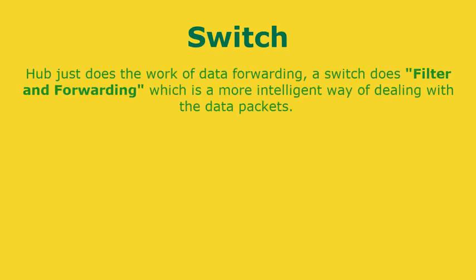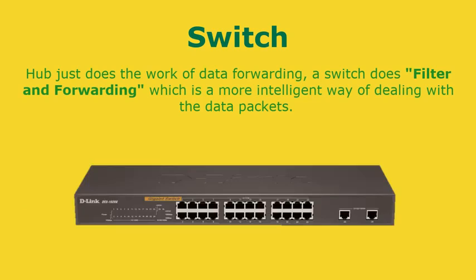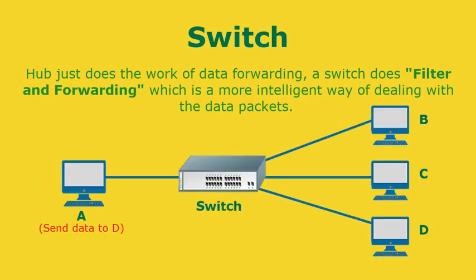A switch is more intelligent than a hub. While a hub just does the work of data forwarding, a switch does filtering and forwarding, which is a more intelligent way of dealing with data packets. So when a packet is received at one of the interfaces of the switch, it checks the destination address and transmits the packet to the correct receiver.